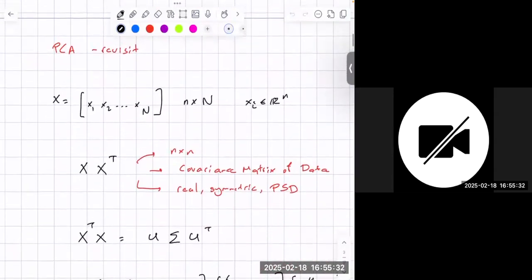Okay, now let's go back to the PCA we learned, with this perspective. Now that we know how to talk about covariance of random variables with many coordinates, let's try to go back and remember what we were doing there. So in PCA, we got data points. We used to have capital N, many of them. And every data point is a column here.